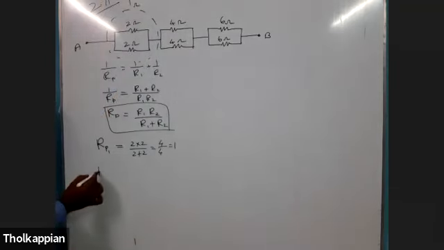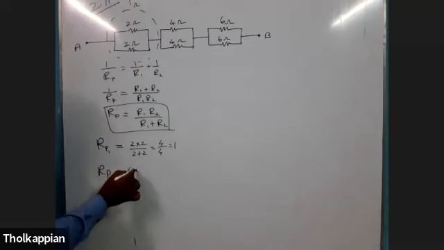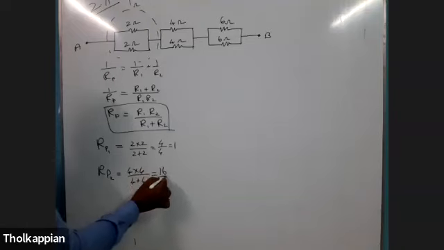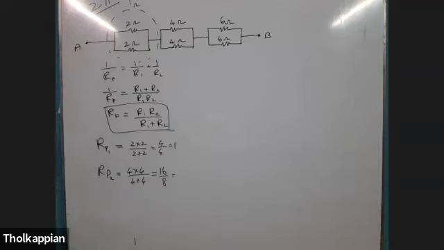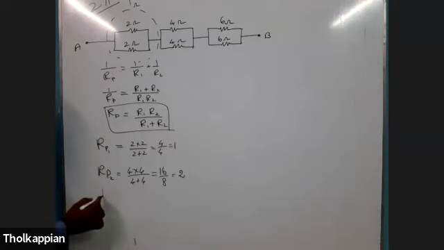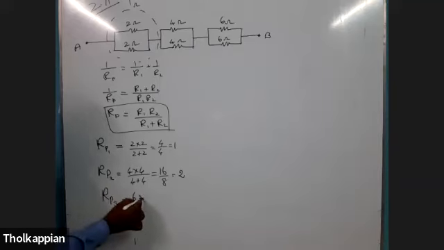And like that, Rp for the second loop is equal to 4 into 4 by 4 plus 4. 4 into 4 is 16. 4 plus 4 is 8. So 8 2s are 16. Yes. So here you write 2. And next, resistance in loop 3 is equal to 6 into 6 divided by 6 plus 6.